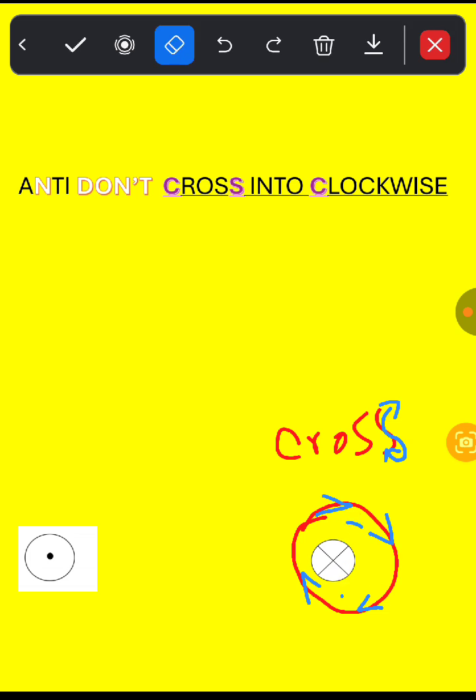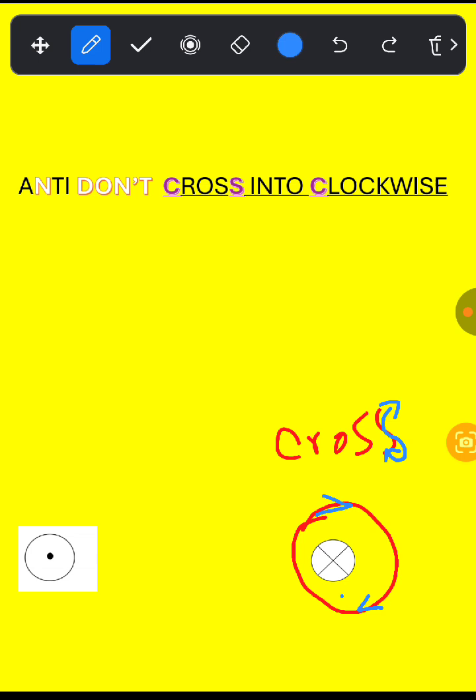There we are, like this. Then you can draw your magnetic field lines. It's just that this is at the corner.